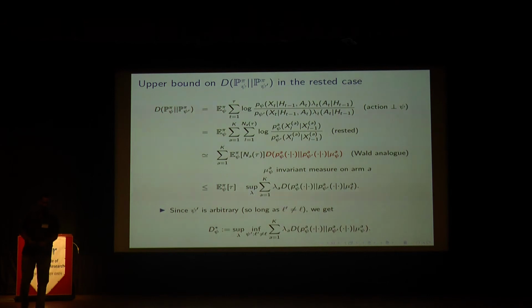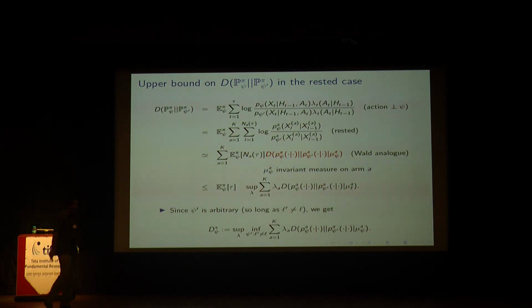Your policy is something that's able to distinguish any two states of nature which have the odd arms at different locations, and so this psi prime is actually arbitrary. And if your policy is a good policy, it must be good no matter what this psi prime is, which means you can interpret it as an adversary choosing a particular psi prime that's toughest for you to distinguish when the ground state is psi. And therefore, you should be able to work even in that particular case.